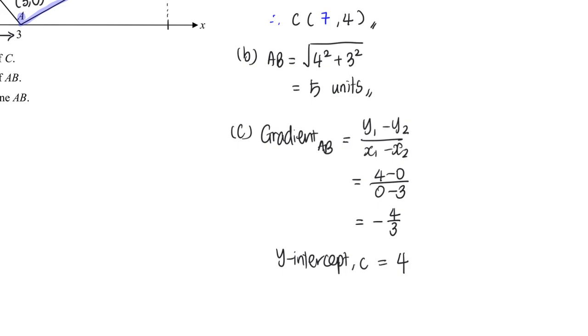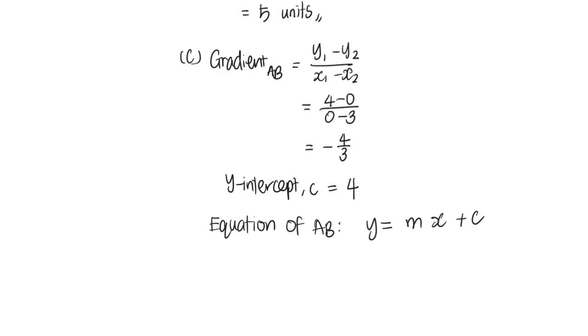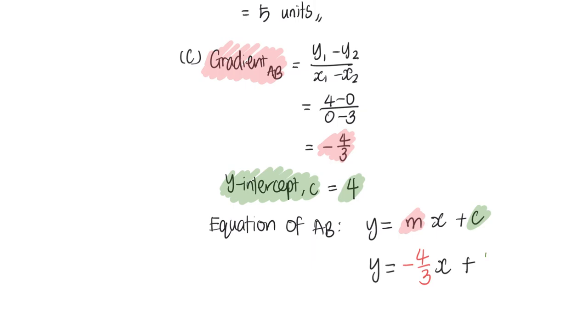And combining these two, the equation of AB is therefore y equals mx plus c. m is my gradient, negative 4 over 3. c is my y-intercept, 4. So if I were to write it out, it will be simply y equals negative 4 over 3 x plus 4.